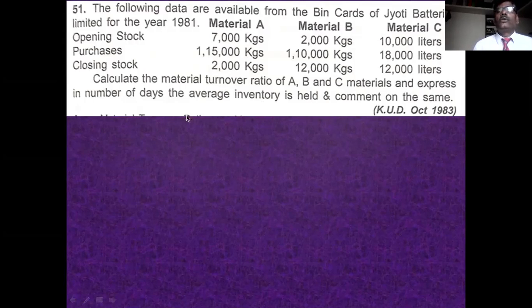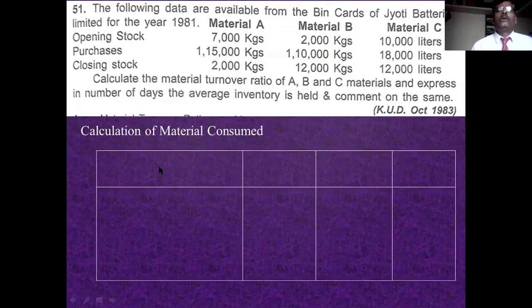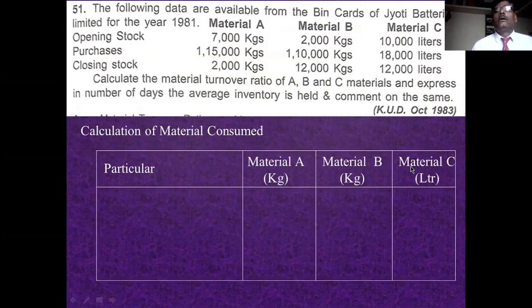First you calculate the material consumed. Material consumed is equal to opening stock plus purchase minus closing stock, and average stock is equal to opening plus closing divided by 2. These are the two equations. First, we calculate the material consumed. Calculation of material consumed. I have taken 3 columns: particular, material A, material B, material C. A and B are in kilogram, C is in liters.